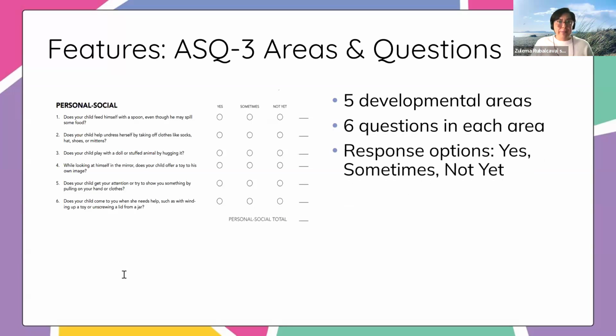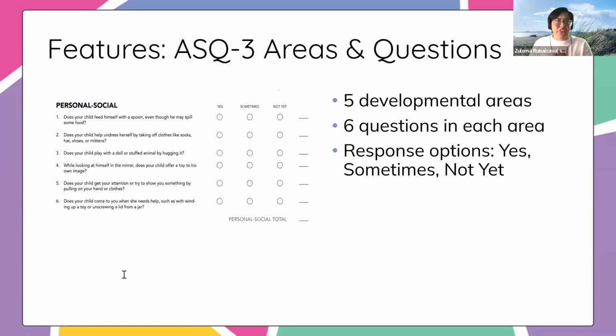The way that we ask families to answer these questions is to read it and say, yes, this is a skill that I see my child do all the time, no problem. Sometimes, right? So that's the emerging skill. I see it, they haven't quite yet mastered it, but it's there. Like maybe out of 10 times, they'll do it 2 or 3 times, 4 times, 5 times, right? It's getting there.